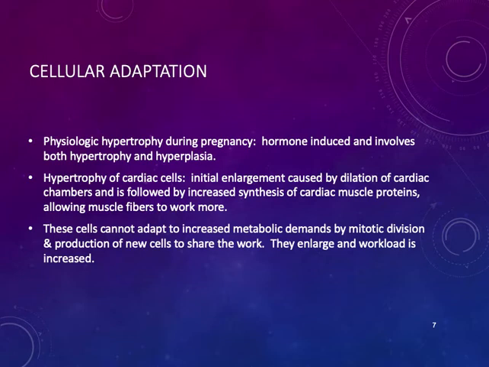Essentially because you're constantly working against constricted arteries, and it's increasing that pressure to push against that. So what happens is they cannot adapt to increased metabolic demand. So in order to adapt to this, they start to share the work and enlarge the cells there, so that it can keep up with the workload.